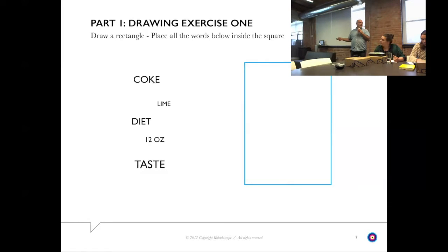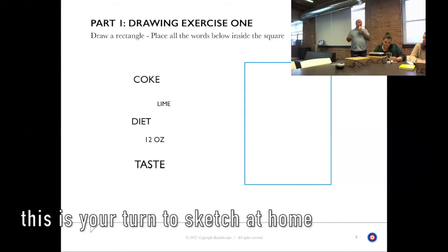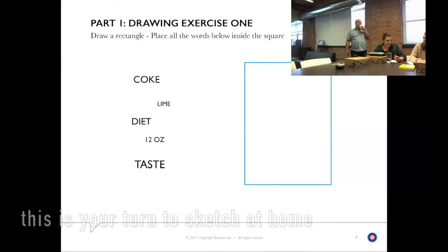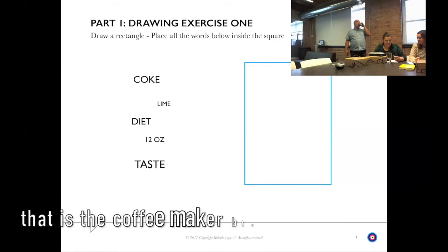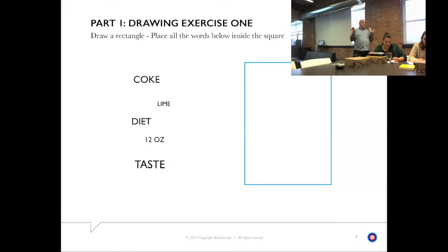It's 12 ounces, and we want to play up taste. We want you to sell the taste of this. The sizes are up to you. This is an exercise, and let's just see what you guys think. What do you think is the most important about selling Diet Coke, personally? Why would you drink Diet Coke lime?